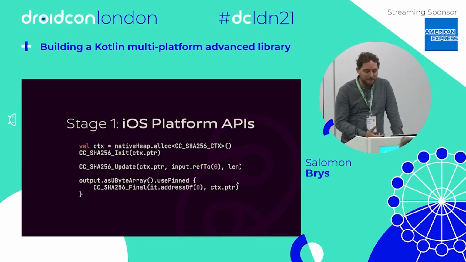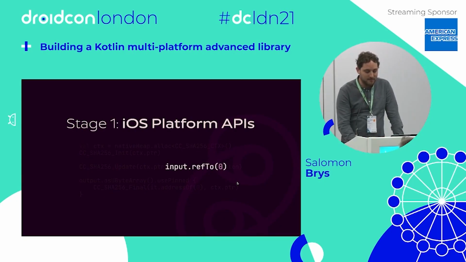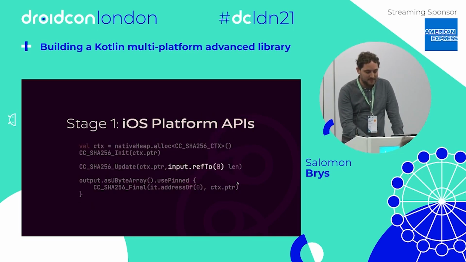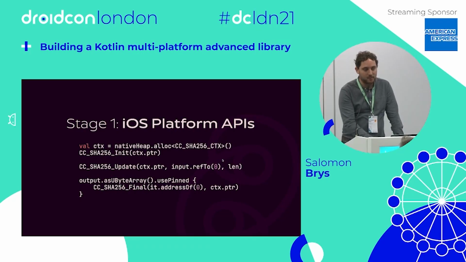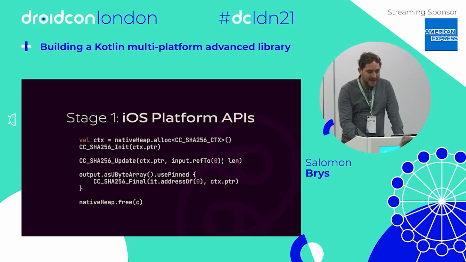And here, instead of pinning the byte array, I can use ref2. Ref2 is the exact same semantic as pinning, the difference being that pinning is inside a block, ref2 only works within one simple function. And then later I need to free, of course, the context when I've used it.